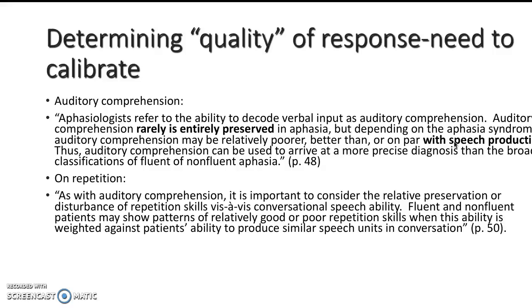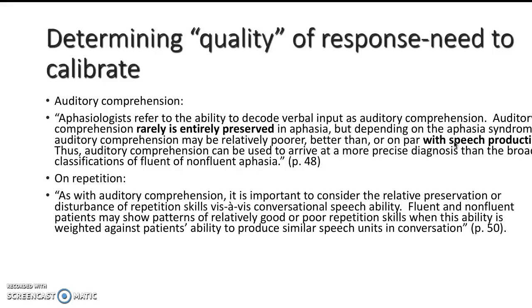So if you were producing an average phrase length of let's say 5 words, and I asked you to point to pictures, and I said point to the flower, point to the tree, point to the car, point to the book, and on single auditory comprehension tasks you were only about 60% accurate, but you're producing 5 words at a time, then your auditory comprehension is poorer than your expression, because you can encode 5, but you can only decode 60% of 1.